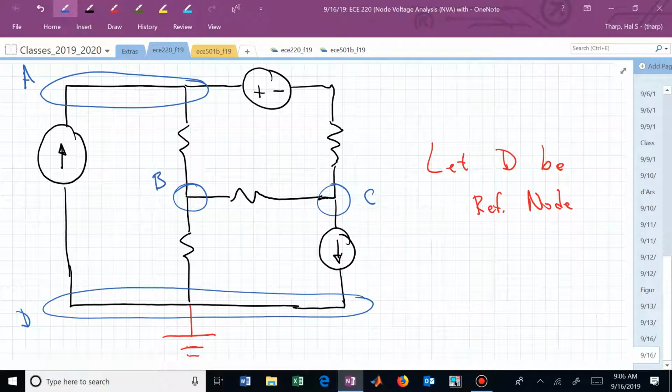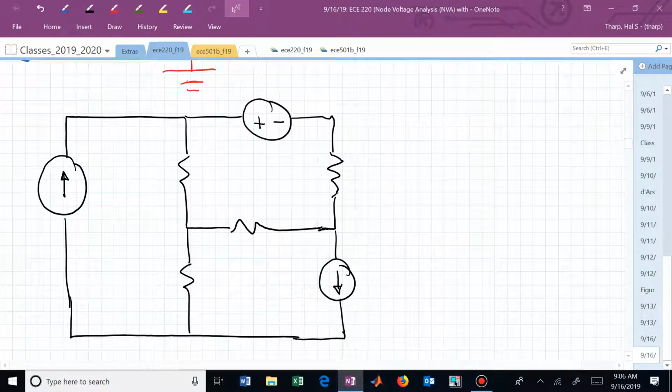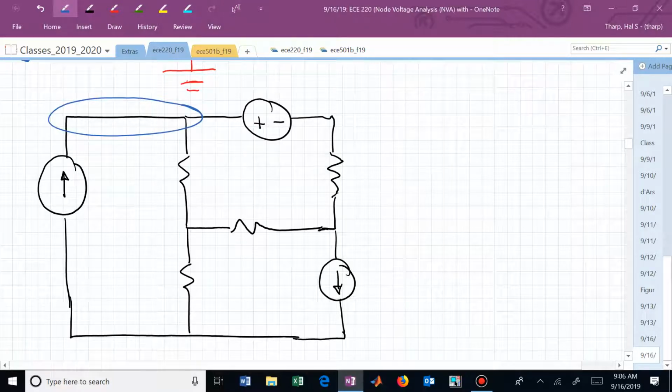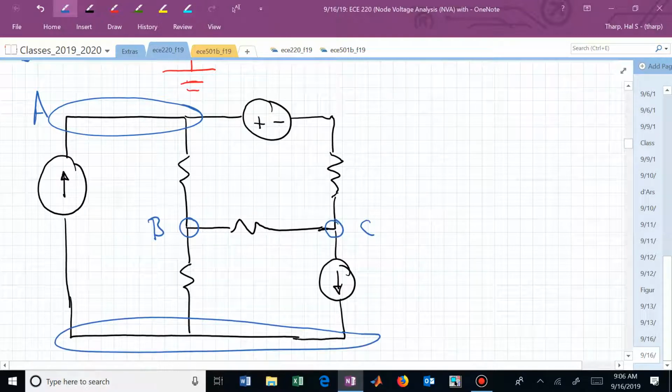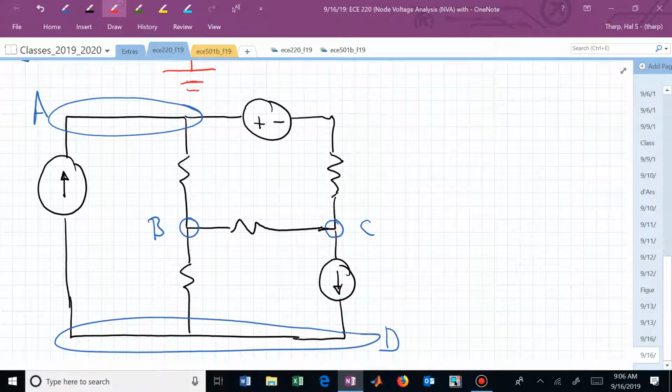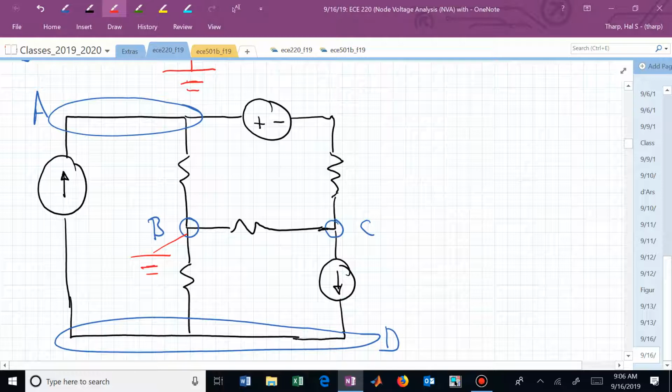Right below this circuit is its twin. Let's identify the essential nodes for it again. There's A, B, C, and D. But in this version of the exact same circuit, let's let B be our reference node.